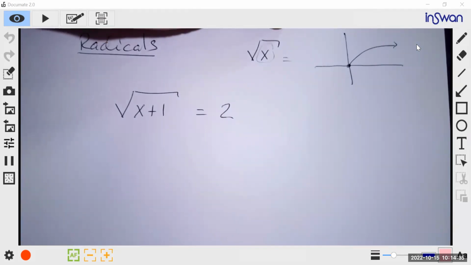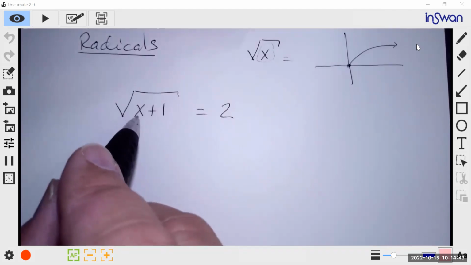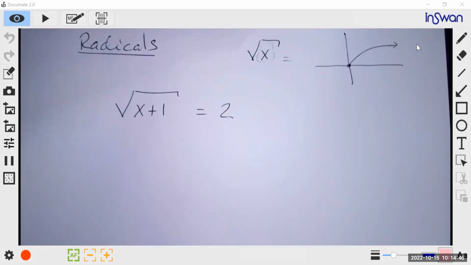So the objective here is to isolate the radical first. If you have anything plus or minus or multiplied or divided to it, you have to get rid of that first. You have to get it all by itself, equals whatever. How do you get rid of the square root?